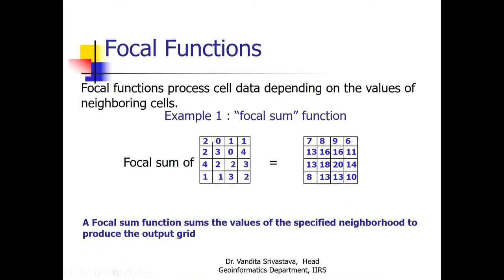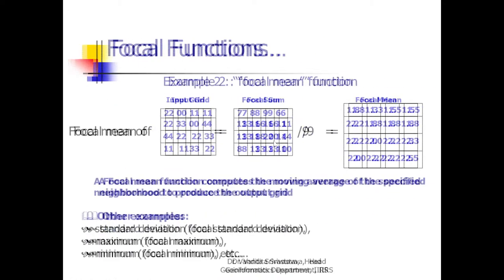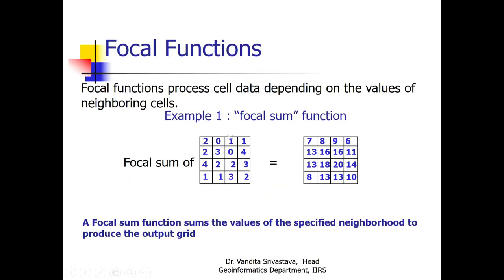Then focal functions are performed based upon a foci of points. So imagine a foci of points that is, let us say, here. If I want to make a modification in this cell value, I am considering the neighborhood of 3 by 3. So if I say perform focal sum, what do I need to do? I need to imagine a window of 3 by 3.